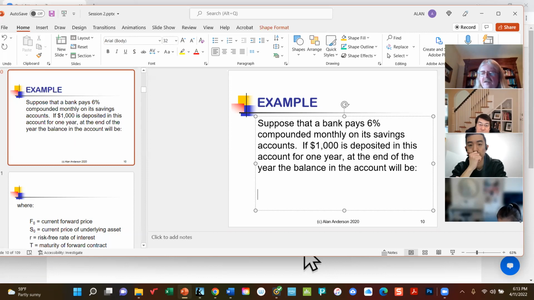So your future value, as it's called, is 1,000 times 1 plus 0.5% raised to the 12th power.